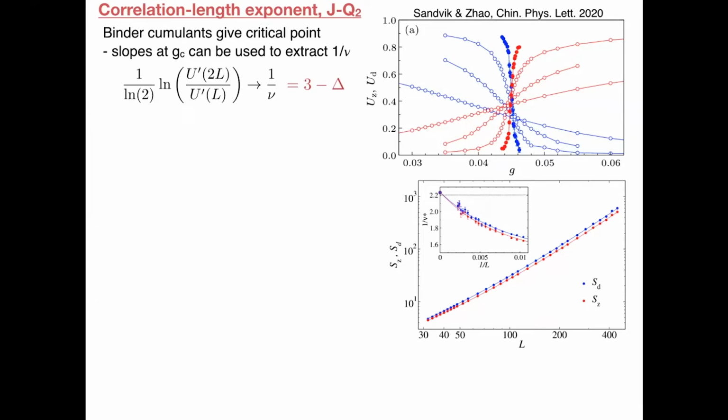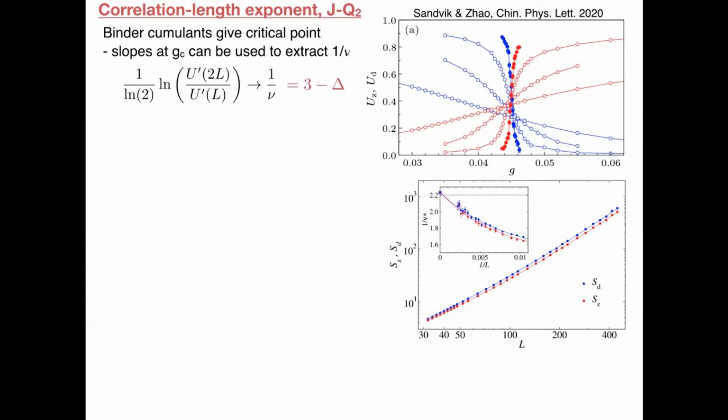Exponents always drift because there are finite size corrections that are not included here. This is just the behavior for very large size. So maybe what's unusual here is that the drift is pretty large.